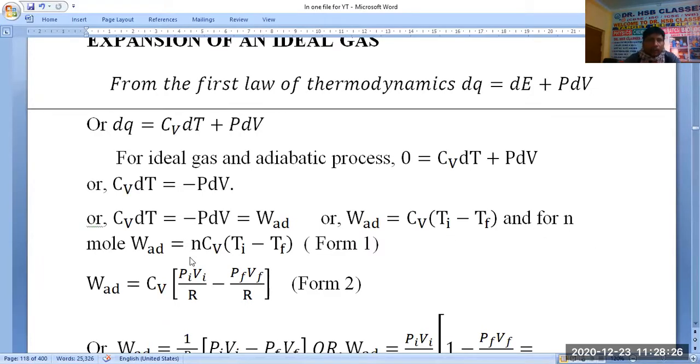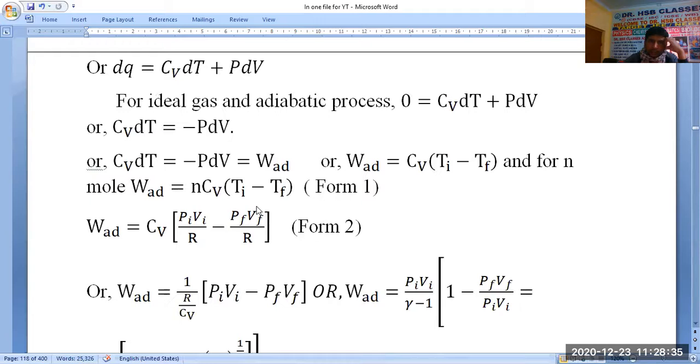And for n moles it will be n Cv dT, where Ti is the initial temperature and Tf is the final temperature. From the ideal gas equation, Ti equal to Pi Vi by R and Tf equal to Pf Vf by R. This is the second form of adiabatic work done.